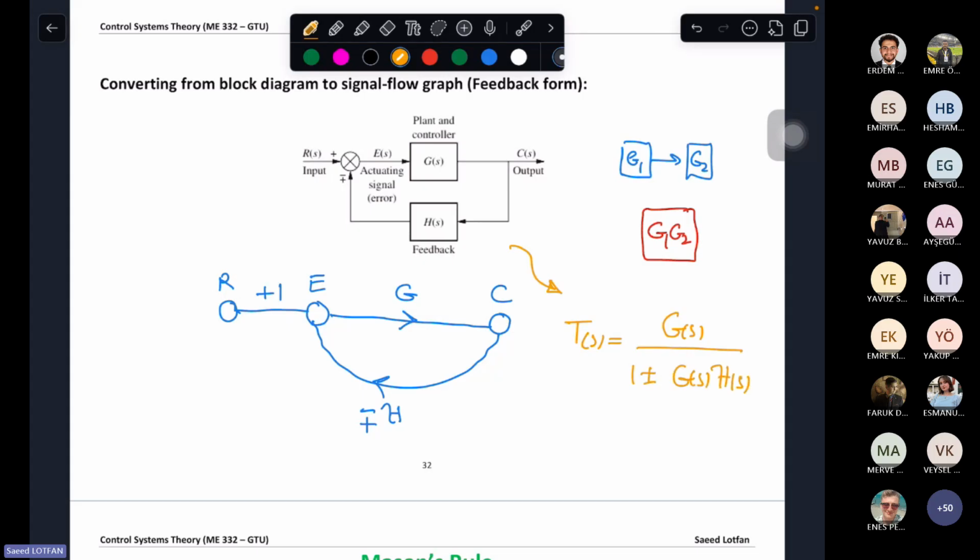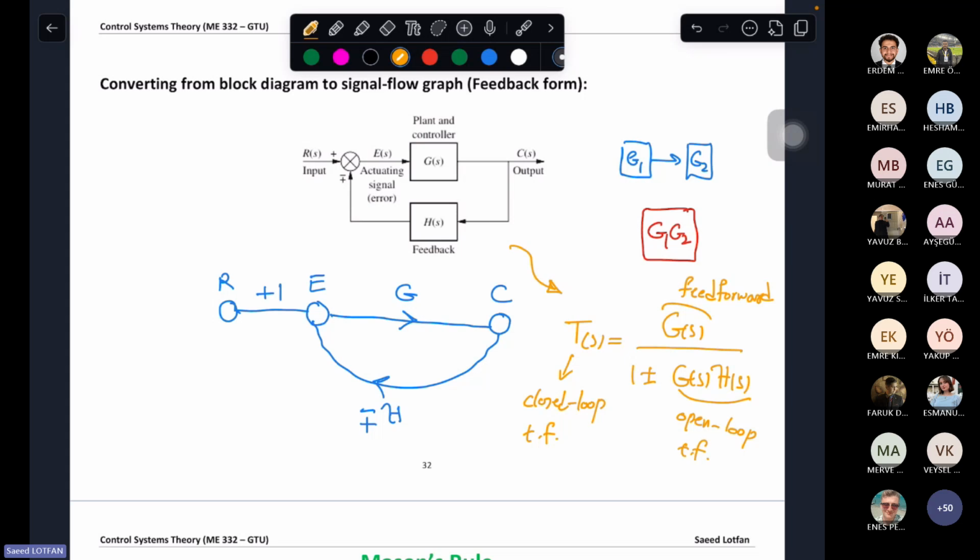This is the closed loop transfer function, this is the feed forward transfer function, and this is the open loop transfer function.